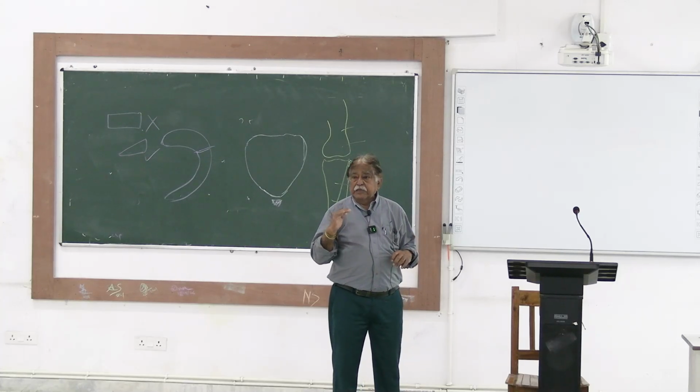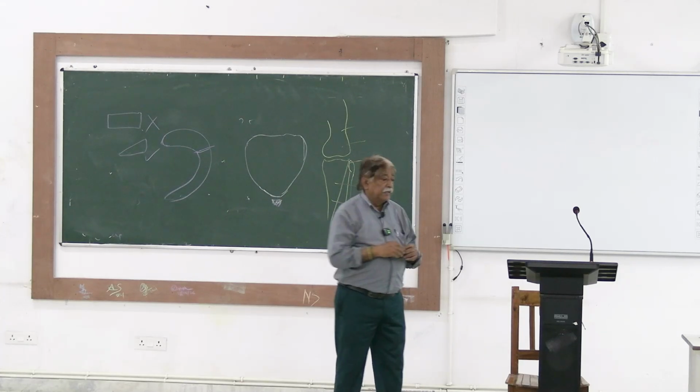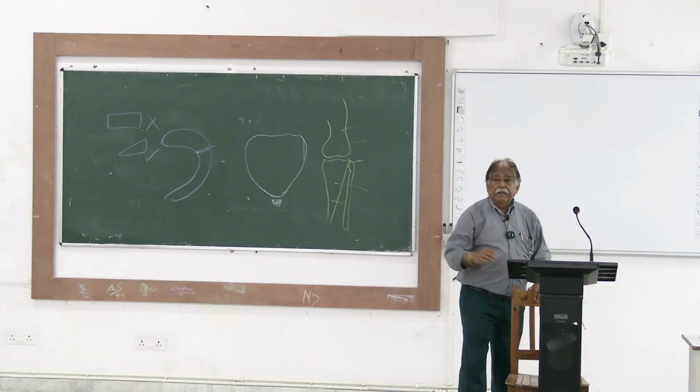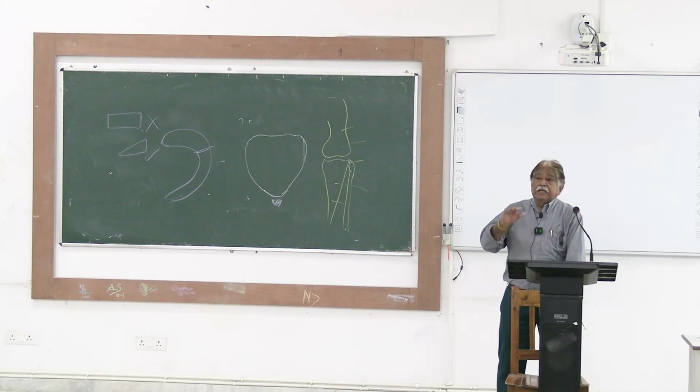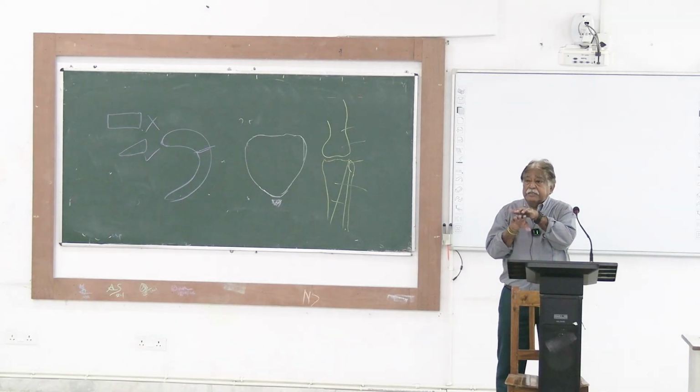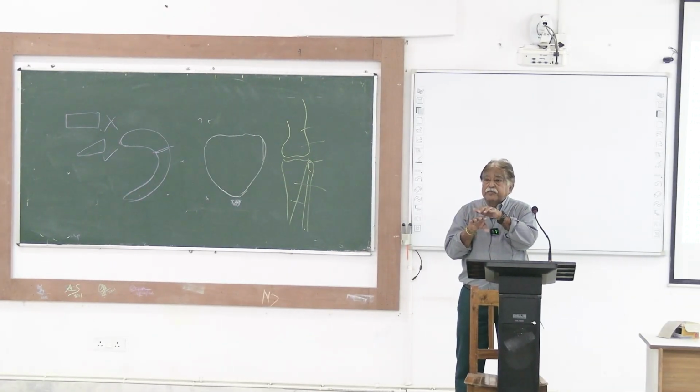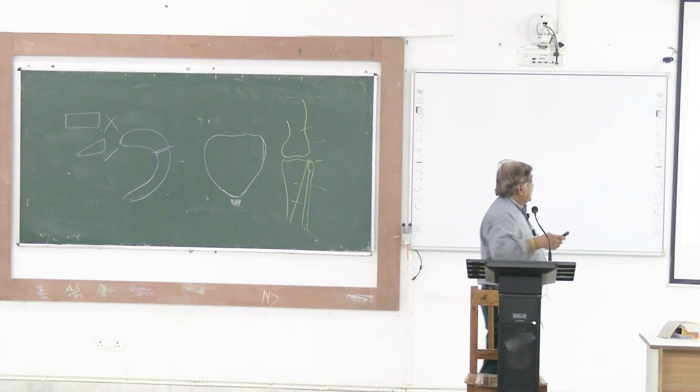What is the shape of the cartilage? There is a science behind it, that it has to glide and accommodate accordingly the congruency of both surfaces: the lower end of the femur and the upper end of the tibia that form the knee joint.